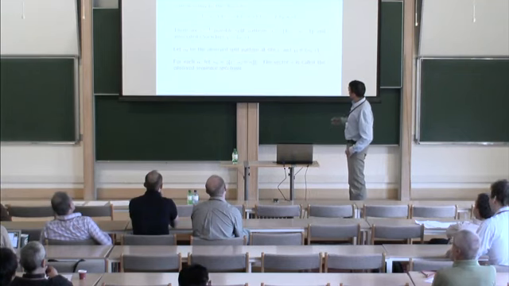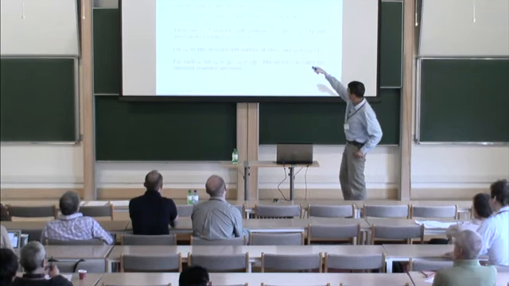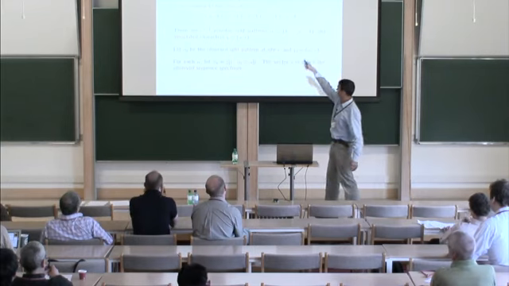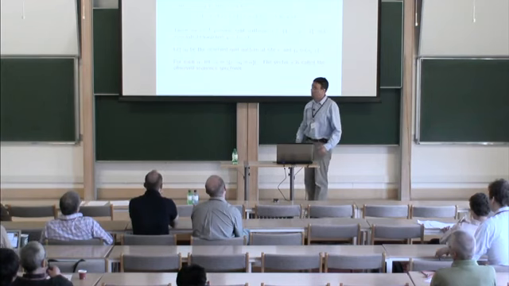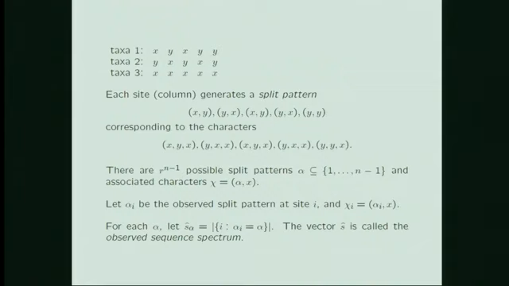That means that I can characterize these characters by looking at only taxa 1 through n minus 1, and that's called a split pattern. So in this first column, we have the split pattern x, y, because I can throw away the information that the last column contains an x. I know that.